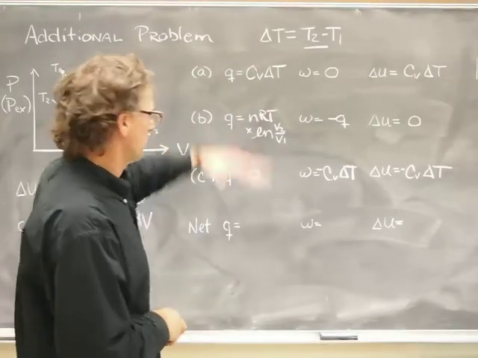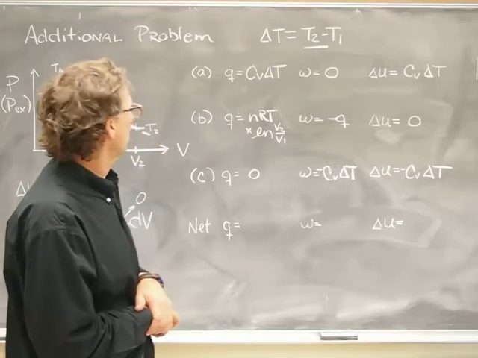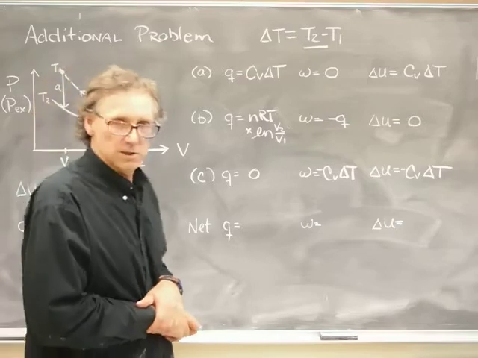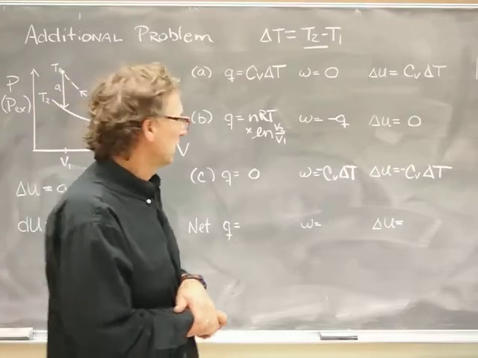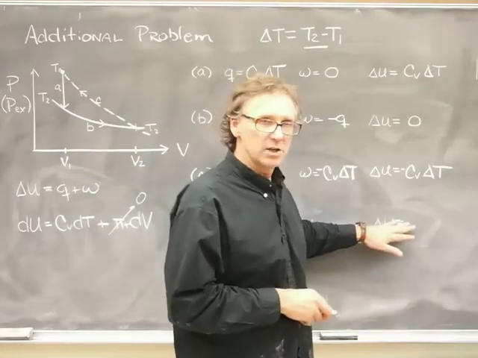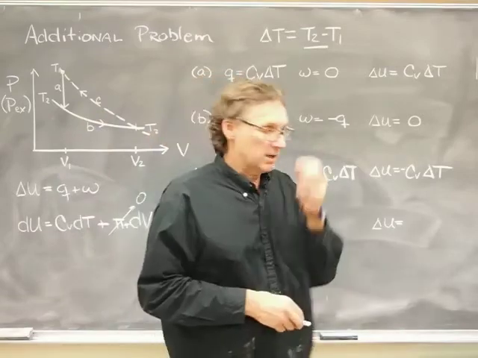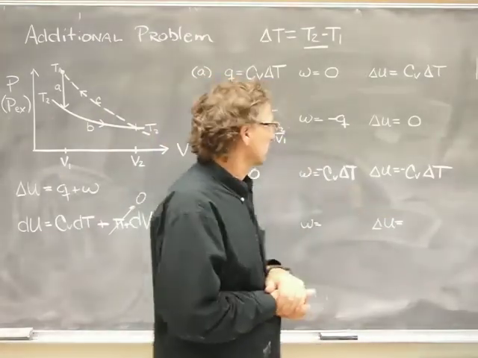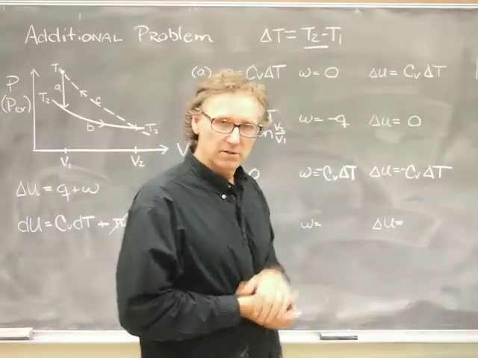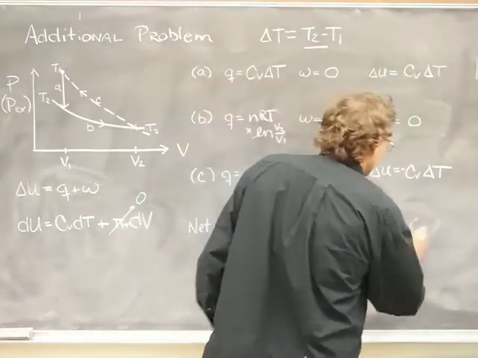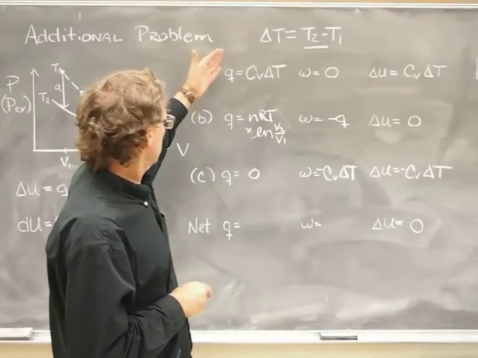Well, I've got all three steps, and I'm in a position now to add them all up. The total change in U, I can even anticipate, must be 0, because I've, after all, returned the gas to its initial state. And does that work out? Sure, CV delta T minus CV delta T, so that really does end up being 0. And how about the Q?